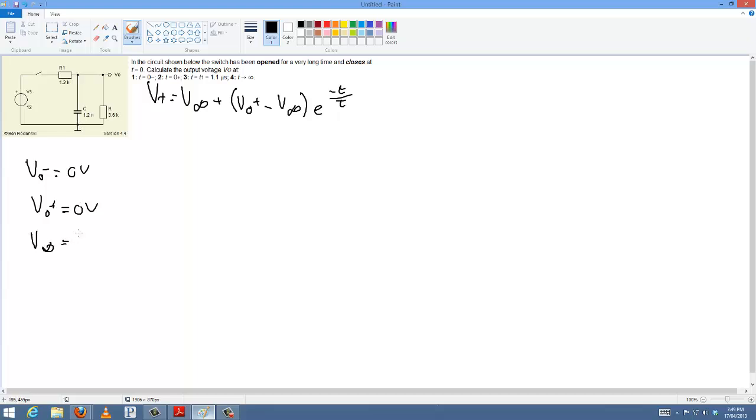At V infinity, we have the voltage division between R and R1, so it's Vs times R on R1 plus R, equals 12 times 3600 divided by 4900, which is 8.81633 volts.